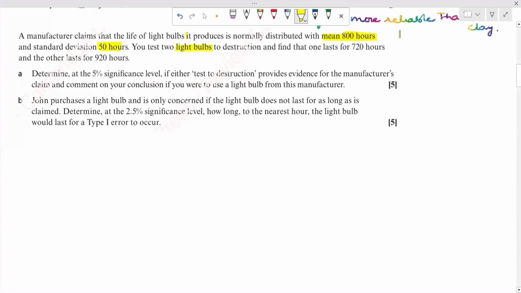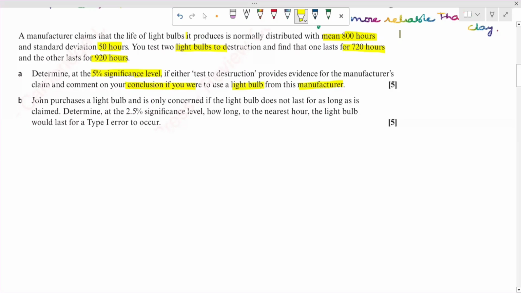You test two light bulbs to destruction and find that one lasts for 720 hours and the other lasts for 920 hours. Determine at the 5% significance level if either test provides evidence for the manufacturer's claim, and comment on your conclusion if you were to use a light bulb from the manufacturer.